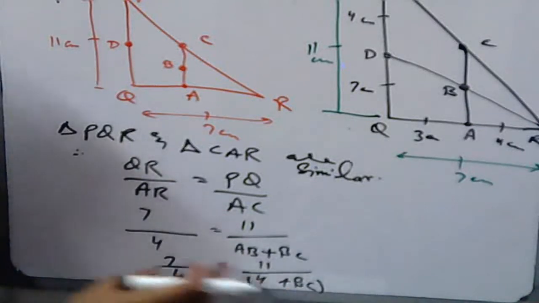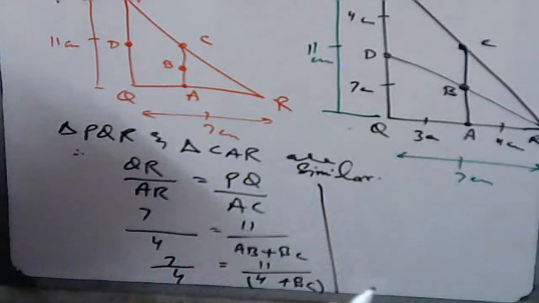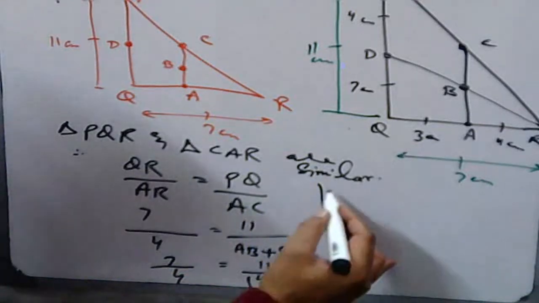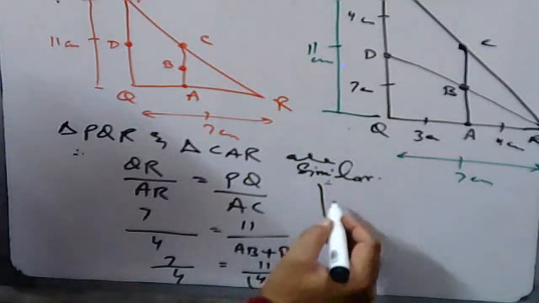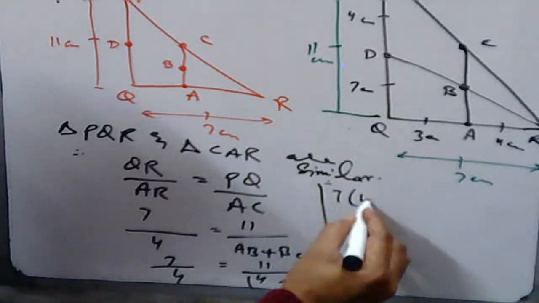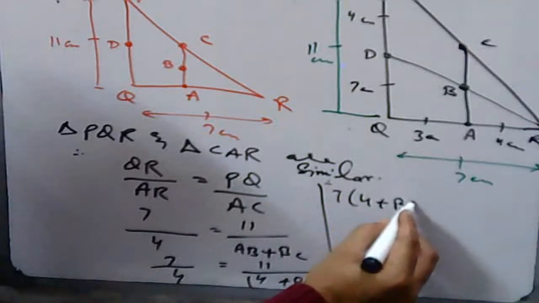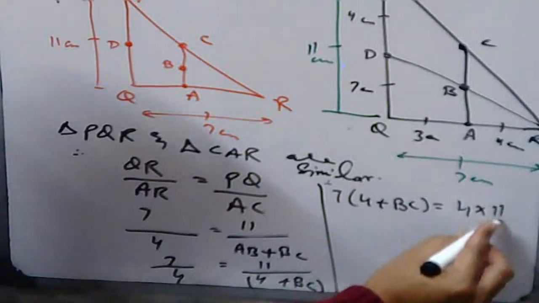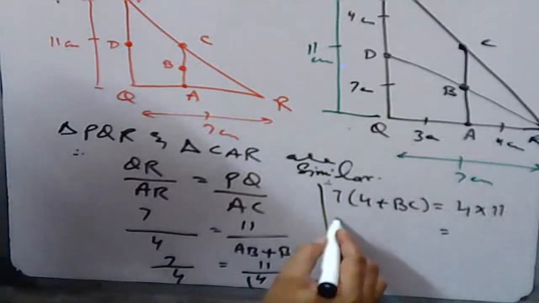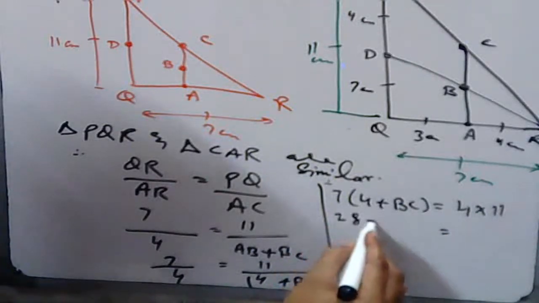By using cross multiplication, you can write here, dragging the denominator to the numerator, 7 into 4 plus BC is equal to 4 multiplied by 11.